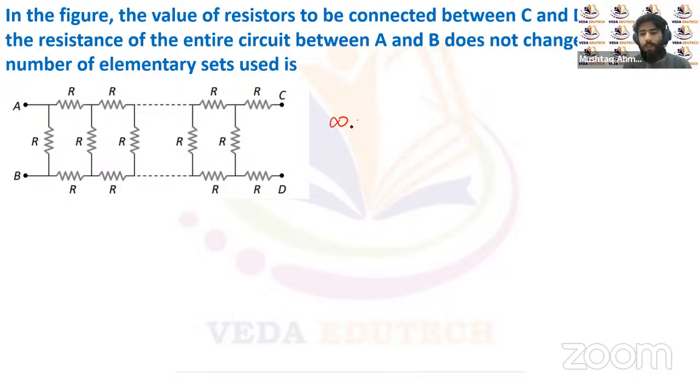Since this is an infinite circuit, we can equivalently redraw this circuit like this. This is our R here, and this is another resistor here, and this is the resistor R here.